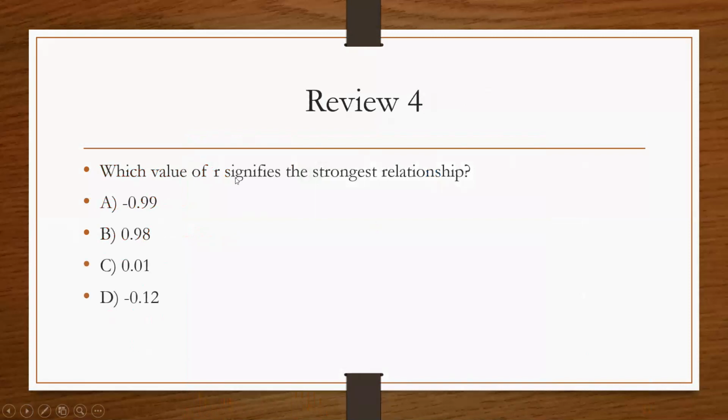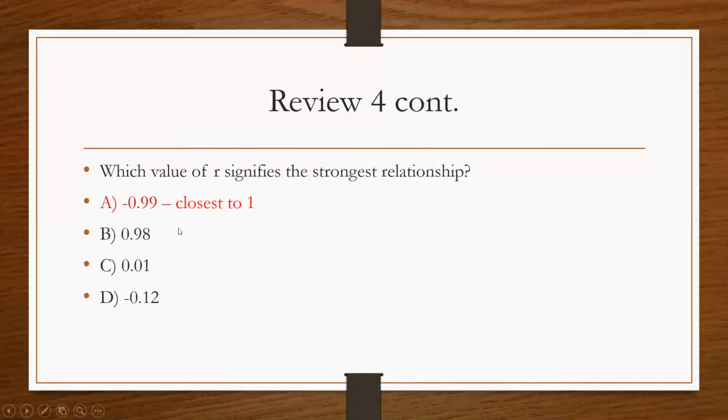All right. Which value of r signifies the strongest relationship? Is it A, negative 0.99, B, 0.98, C, 0.01, or D, negative 0.12? Yep, it's A, guys.